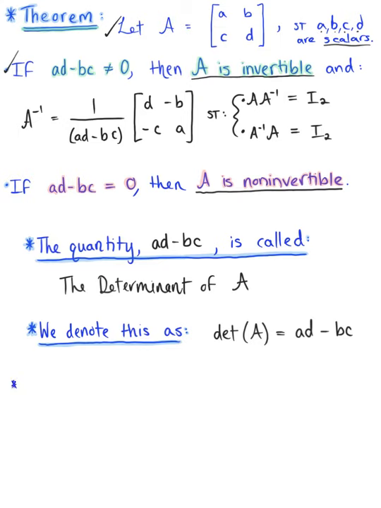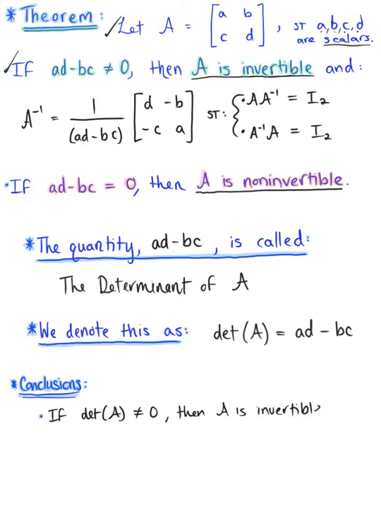So, quick observations from this theorem for a 2 by 2 matrix A. Again, if the determinant of A does not equal 0, then A is invertible. In other words, A is non-singular, and the corresponding matrix equation will have one unique solution.